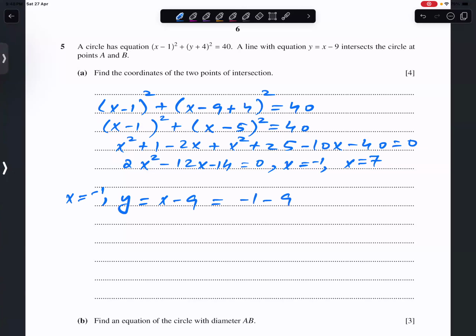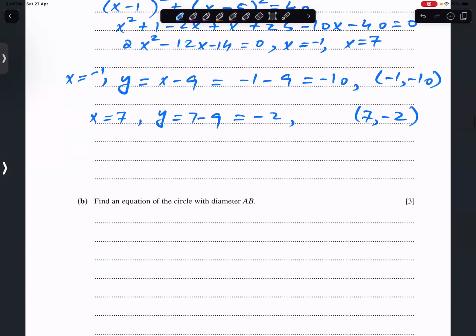So minus 1 minus 9 is minus 10. So the point is minus 1 comma minus 10. And for x equal to 7, y is equal to 7 minus 9, so that is minus 2. So the other point will be 7 comma minus 2. So the first point is minus 1 comma minus 10, and the second point is 7 comma minus 2.